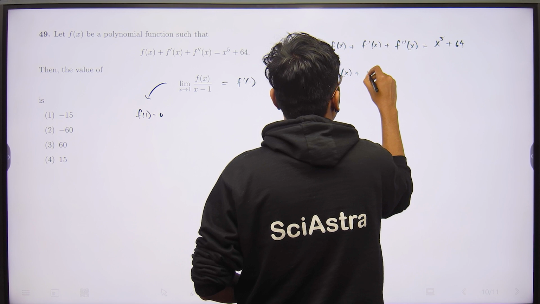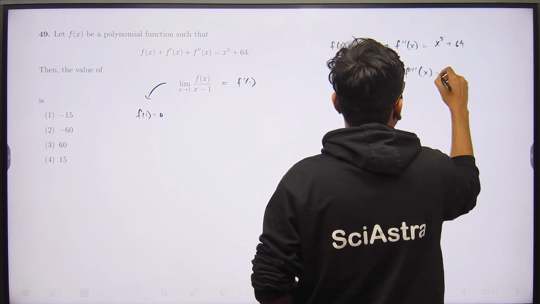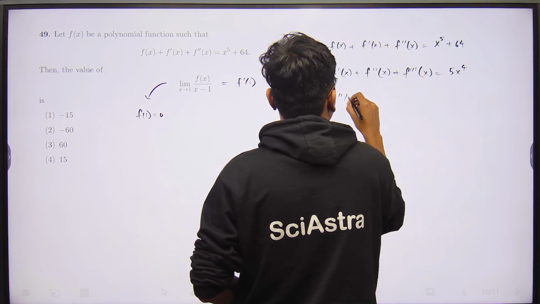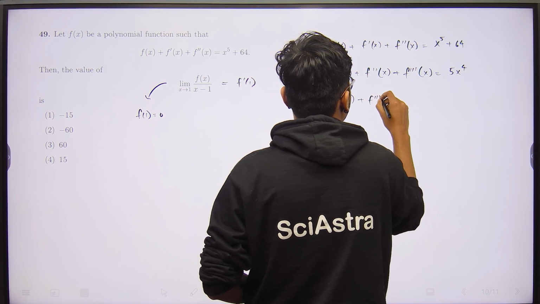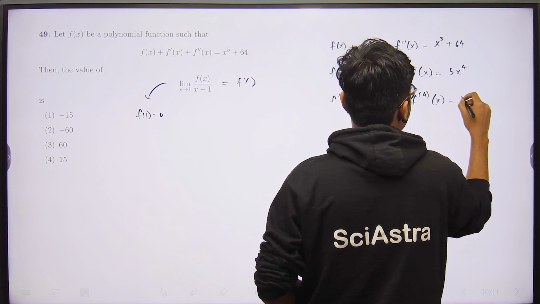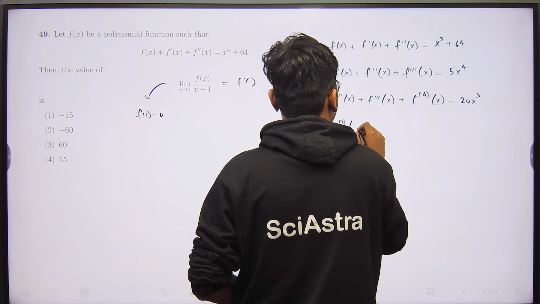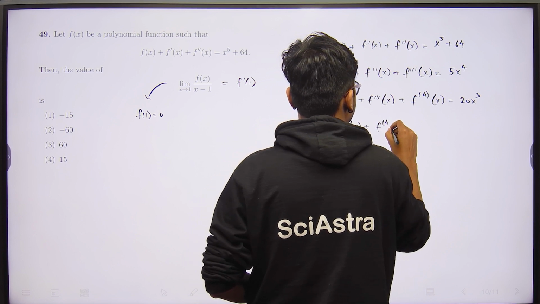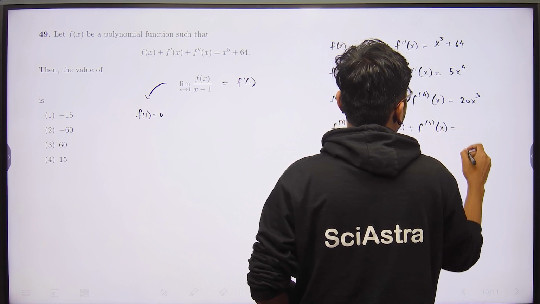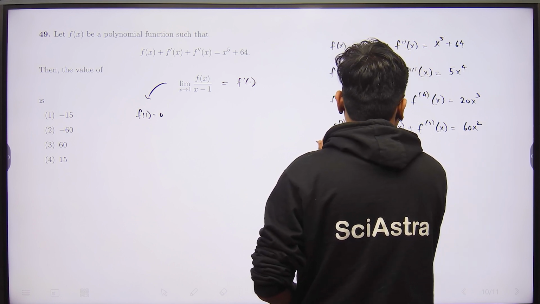I'll get f prime plus f double prime plus f triple prime is equal to 5x to the power 4. एक और बार differentiate करेंगे तो क्या आ जाएगा? f double prime plus f triple prime plus the fourth derivative is equal to 20x cube. एक और बार f3(x) plus f4(x) plus f5(x) is equal to 60x square. ये आ गया, right?